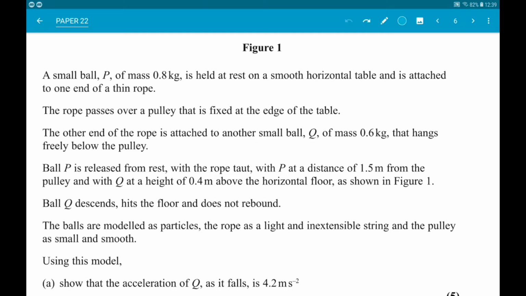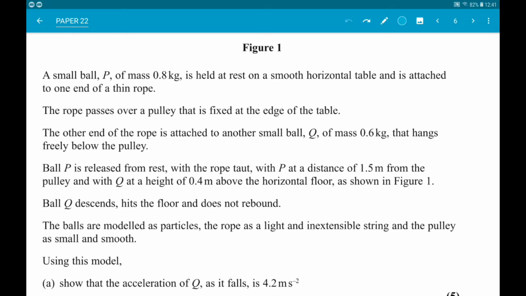P is released from rest with the rope taut at a distance 1.5 meters from the pulley and Q 0.4 meters above horizontal ground. Ball Q descends, hits the ground and does not rebound.